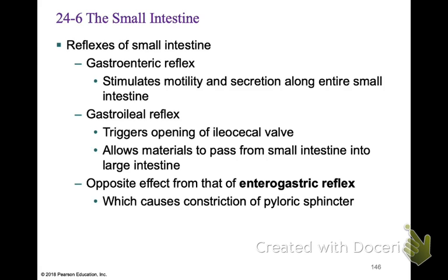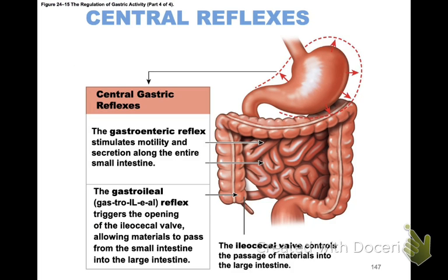So you are actually speeding up the processing of food when you eat again. Every time you eat again, you speed up the motility of the rest of the intestine. All right, so here you see the gastric reflexes, the gastroenteric reflex, and the gastroileal reflex. Later on, we'll see there's a gastrocolic reflex affecting the colon.